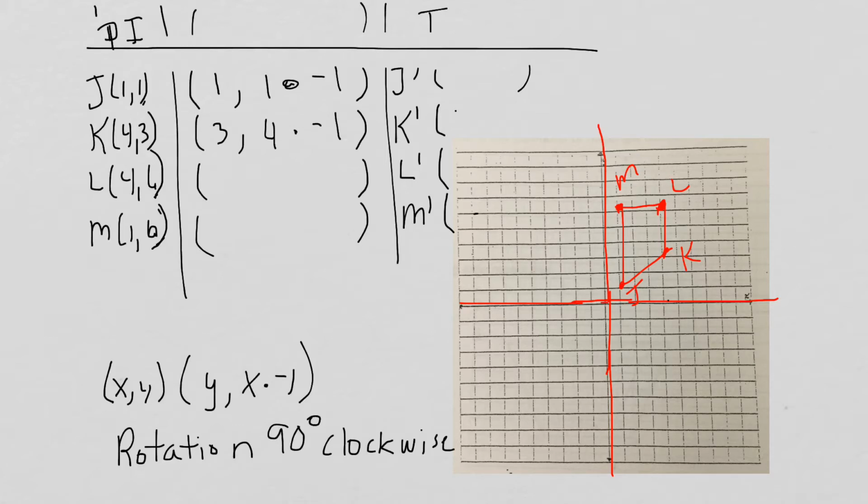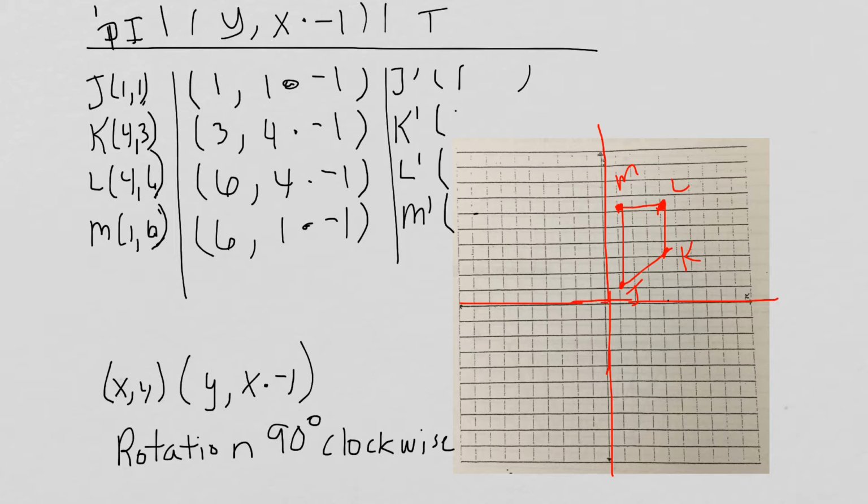You'll notice that we're switching the orders of the coordinates. So this is going to be 6, comma, 4 times -1 and 6, comma, 1 times -1. So the algebraic expression is y, comma, x times -1.